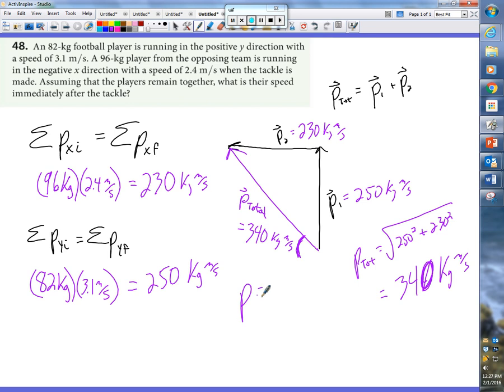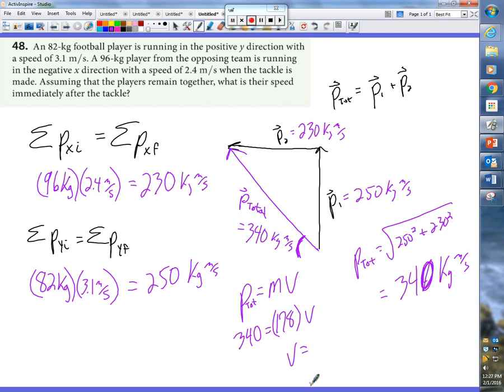So P is equal to mv. So your P total is going to equal the total mass times v. So that's 340. The total mass is the combined mass of the two football players. What's that? 178 kilograms is the combined mass of the two football players. Solve for v.